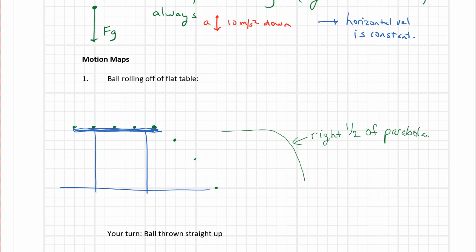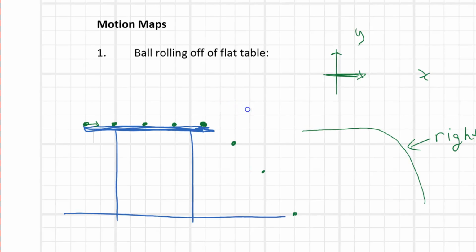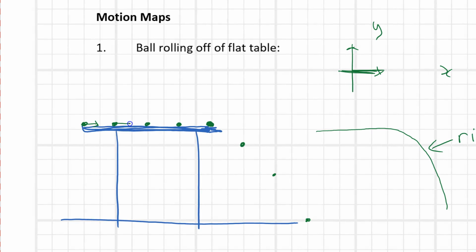So if I was to draw the vector arrows for this, I'm going to separate between my x direction and my y direction. In this case, they're only in the x direction, so these are all Vx, because they're only in the x direction.